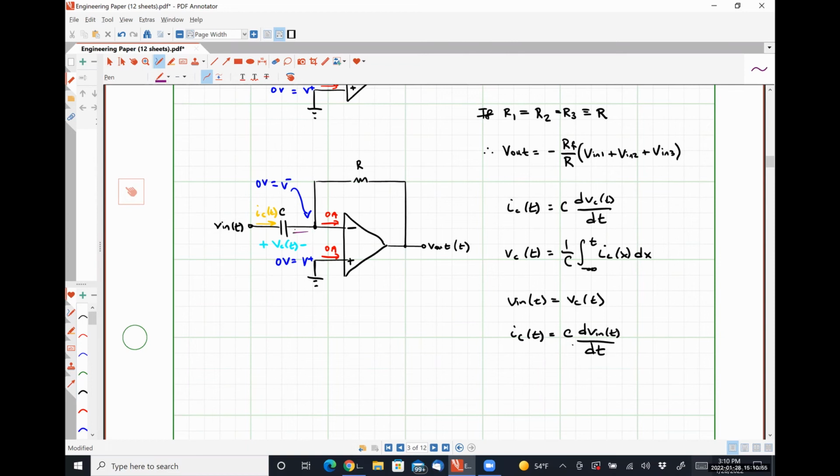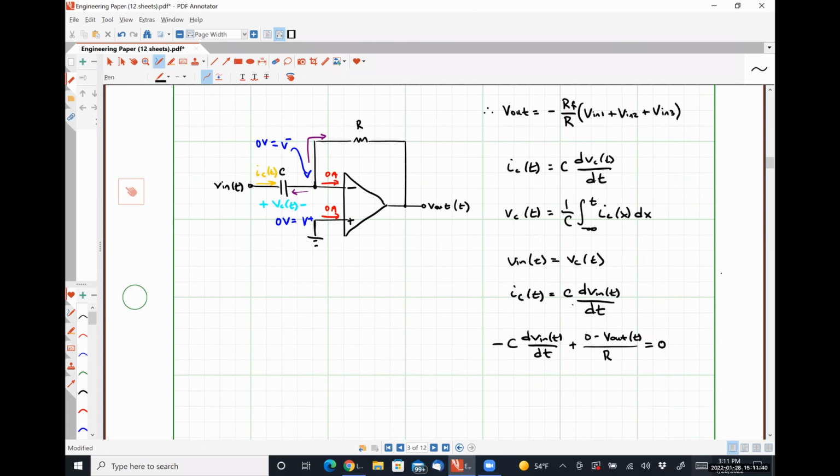We can perform Kirchhoff's current law at the inverting input terminal, just like we did for literally every circuit we've analyzed today, and find that negative Ic of t, so that's negative C dVn by dt, plus 0 minus V out divided by R is equal to 0.